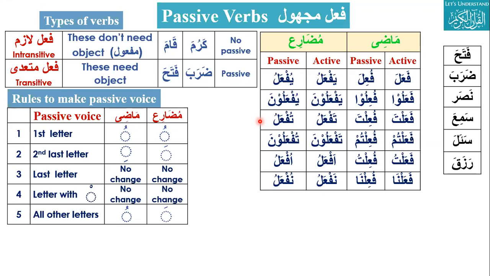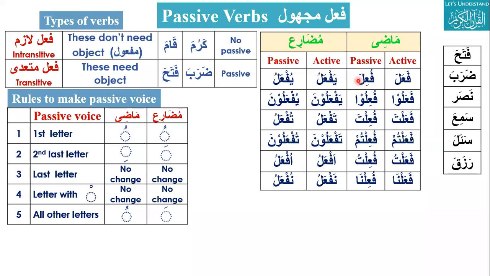Ubaid, can you do Sami'a? Sami'a, he listened. Sumi'a, Sumi'u, Sumi'ta, Sumi'tum, Sumi'tu, Sumi'na. Yusma'u, Yusma'una, Tusma'u, Tusma'una, Usma'u, Nusma'u.